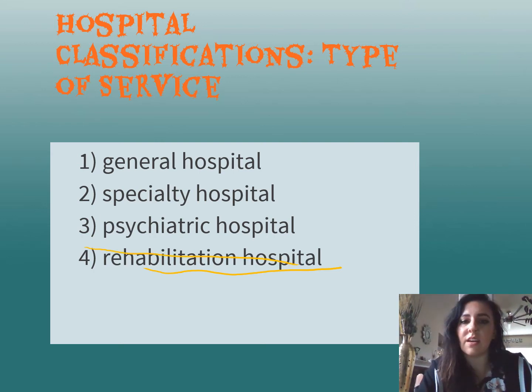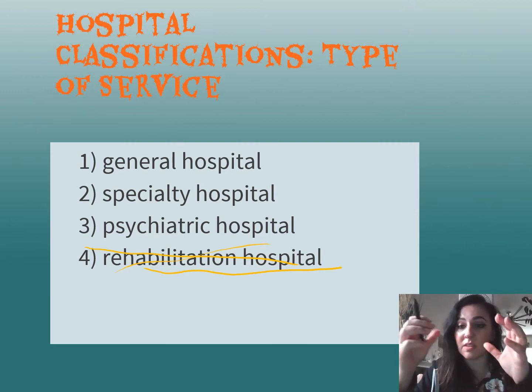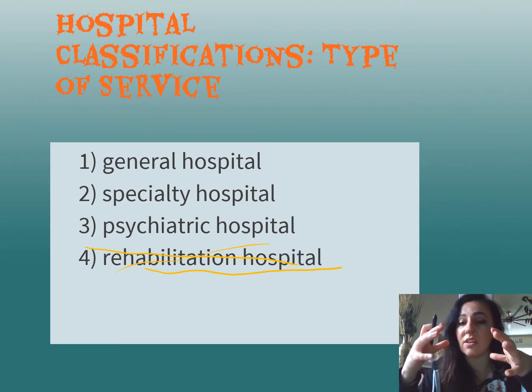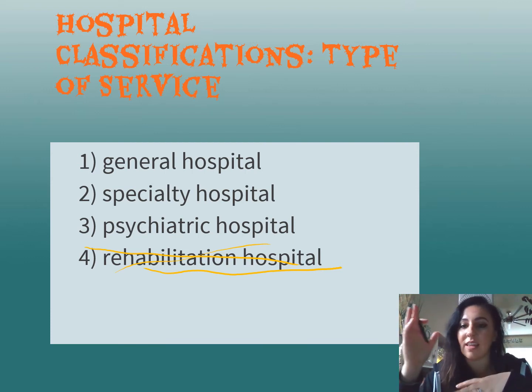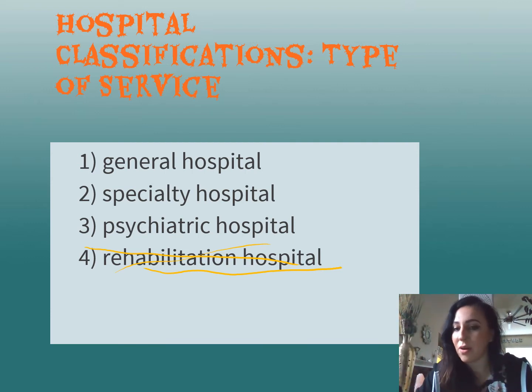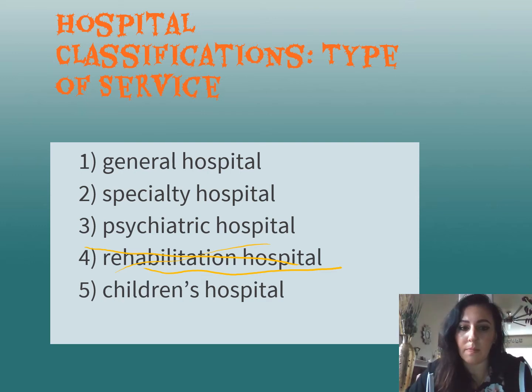General hospitals usually have a rehabilitation unit in that hospital, so there aren't many exclusively rehabilitation hospitals out there. There are, but they're not very many. We usually use general hospitals, and they have a rehab unit in their hospital. Children's hospitals are kind of like a general hospital.